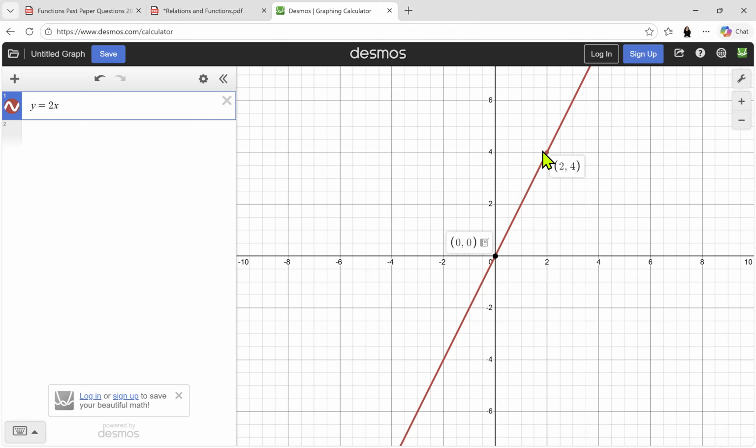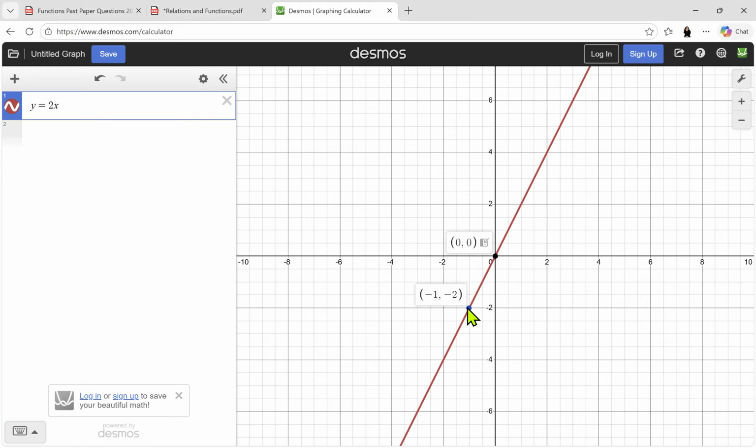So any point on this line, the relation or the connection between the x and y values, is that y is equal to 2 times x. Even if I were to put the point at this coordinate here, that's when x is negative 1, y is negative 2.